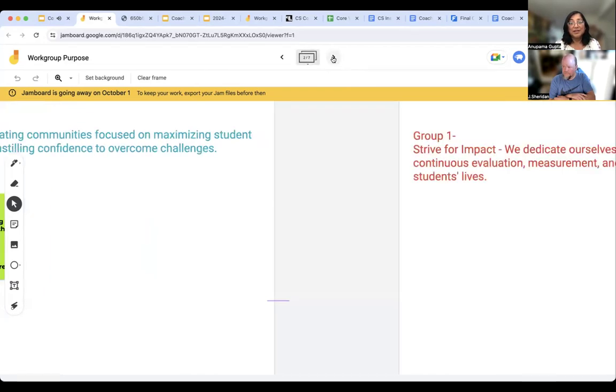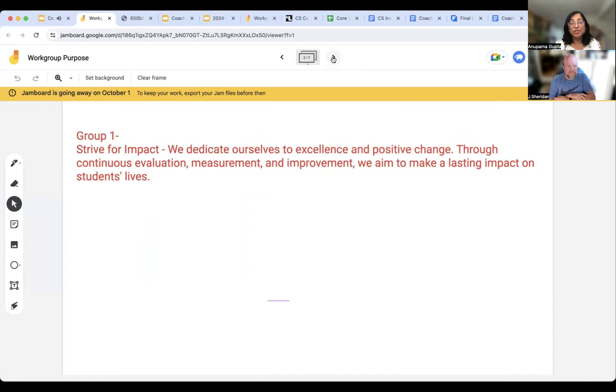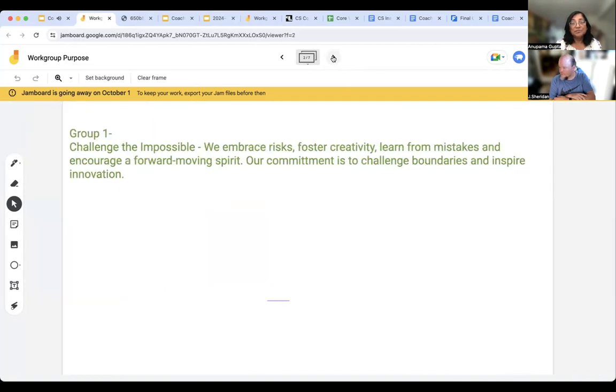Okay. And you can do the others too, like the other core values. Sure, they're all, yeah.